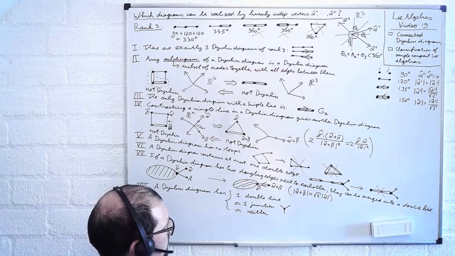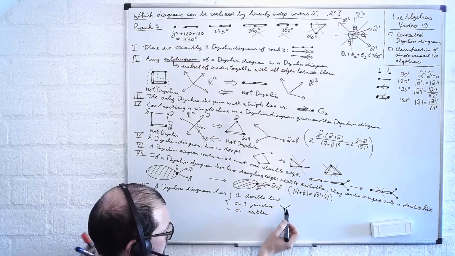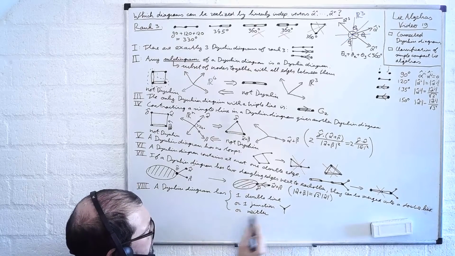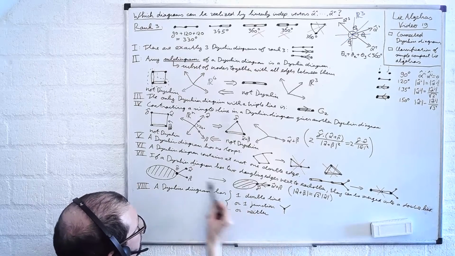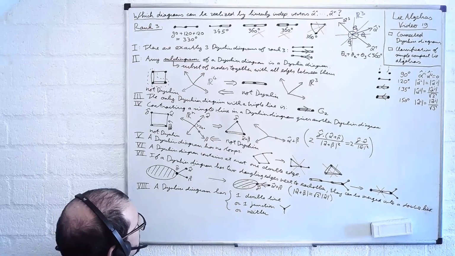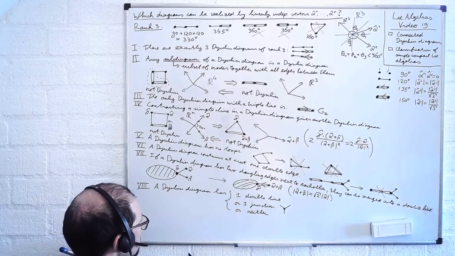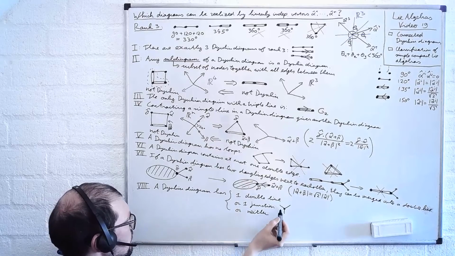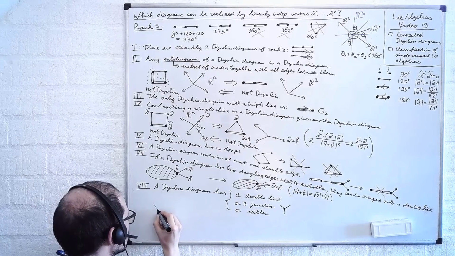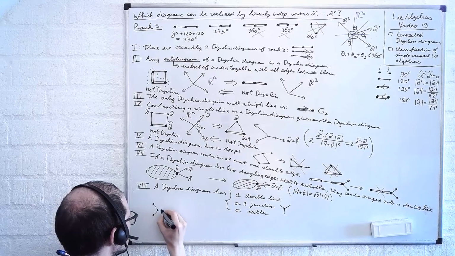So let's see why this is the case. Again, using that we can merge these dangling single lines. Suppose we have 2 of these junctions, so that would look like something like this, if you like.